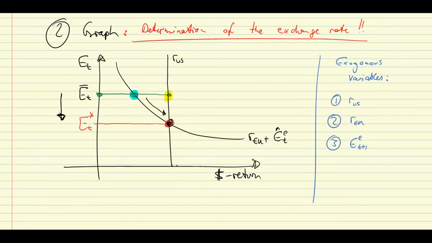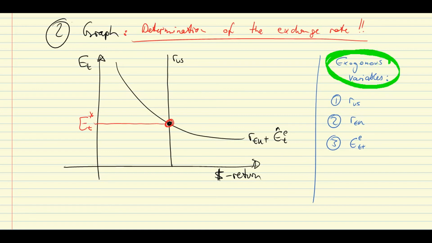Now, let me click back a little bit here and clean up the diagram, and then just add one consideration, one example. We can think of an example where we now increase the interest rate in the US, so that we're considering a change in one of the exogenous variables.